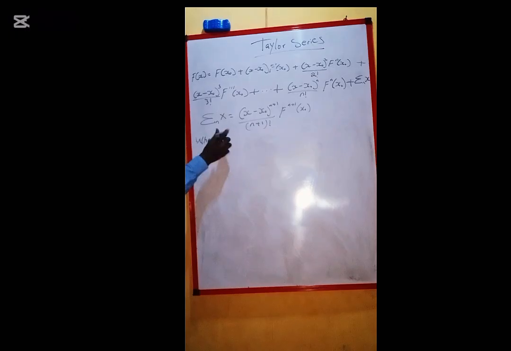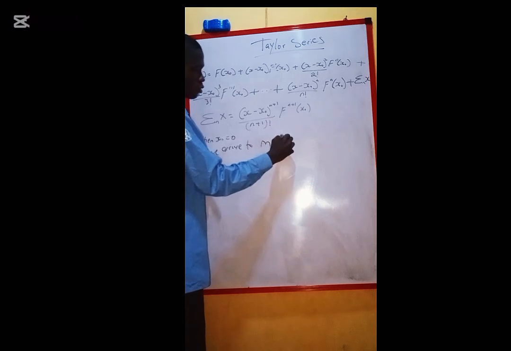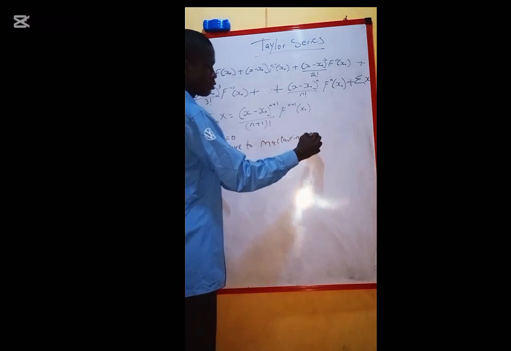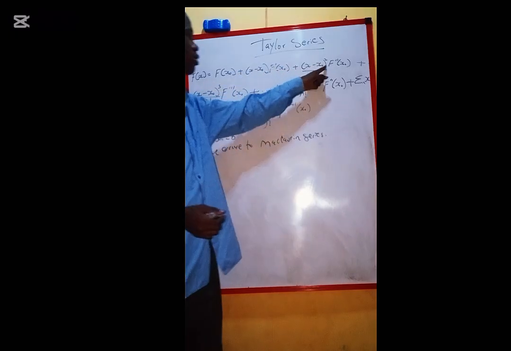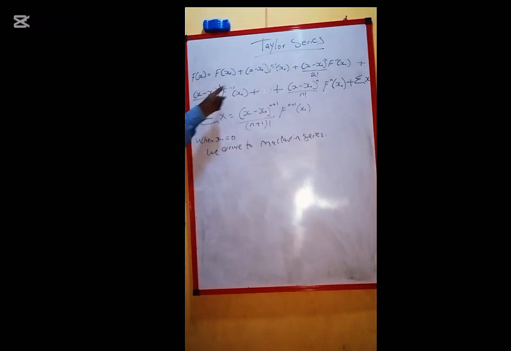When x naught is equal to 0, you put 0 in every place where x naught appears, and the answer will go to what is called the Maclaurin series, the general form.